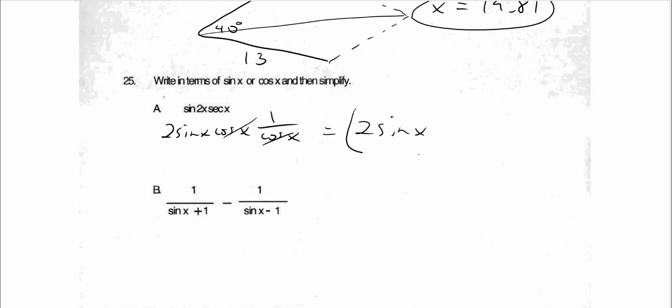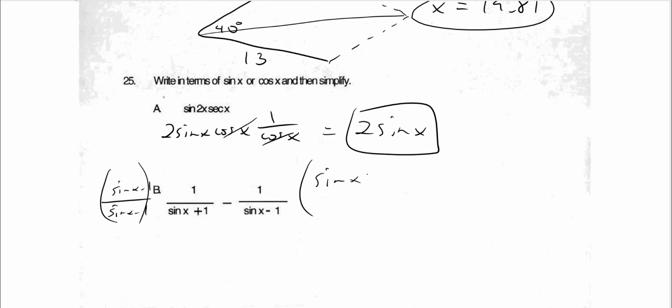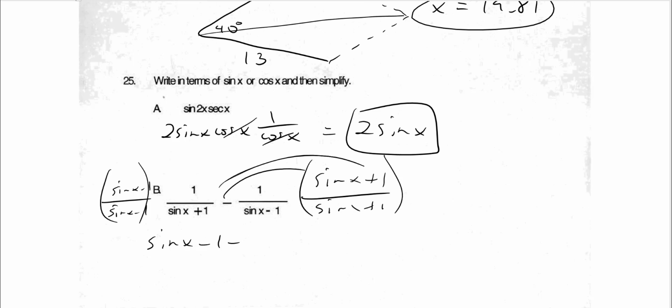Pretty easy. This one you have to get a common denominator, so I'm going to multiply this guy by sine of x minus 1 over sine of x minus 1, and this by sine of x plus 1 over sine of x plus 1. So you do that, and you get on top sine of x minus 1 minus, in parentheses, so don't forget to distribute that, minus sine of x minus 1. Are we good with that?